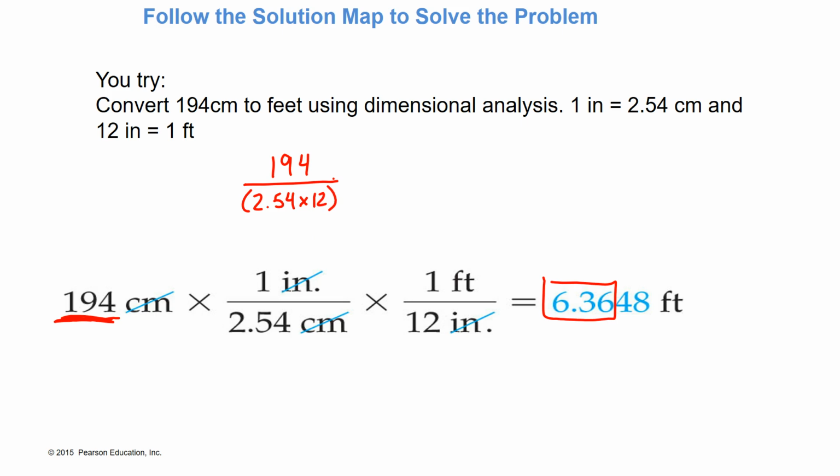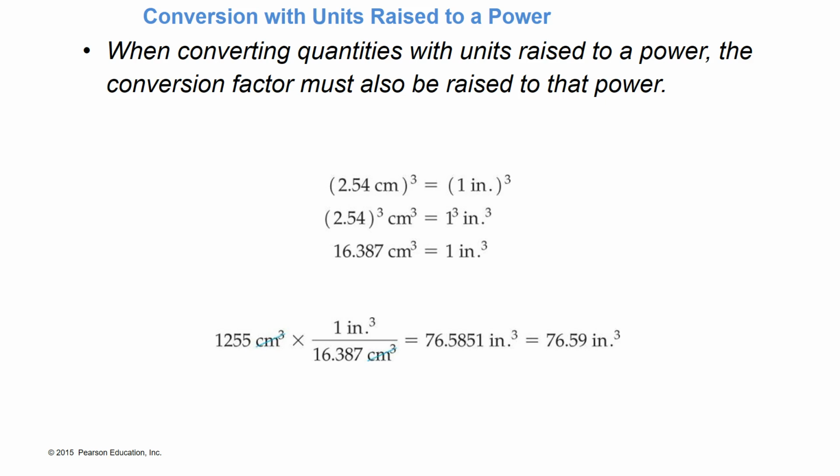So if you didn't get the number, make sure you're entering it in. Be careful not to do 194 divided by 2.54 times 12, because the calculator is going to read that as you're multiplying your answer by 12. Tell the device what you want it to do.